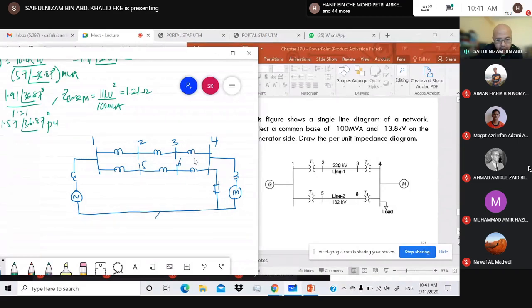Okay, so this is our reference bus. So this is the XG.